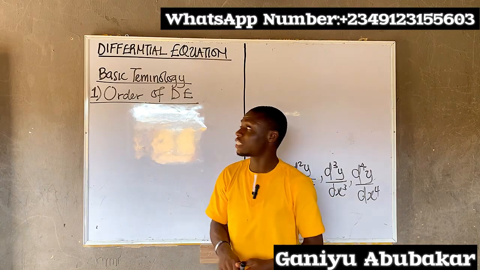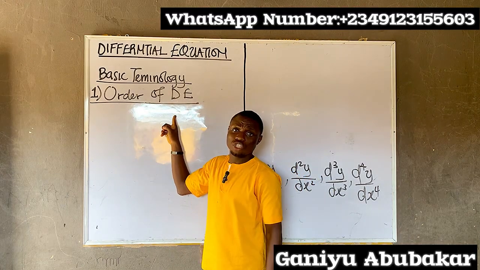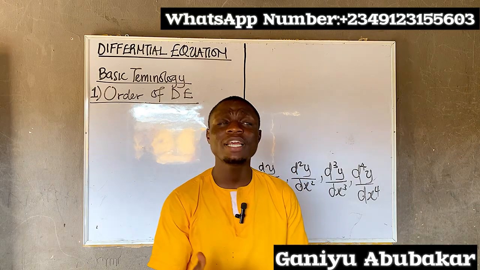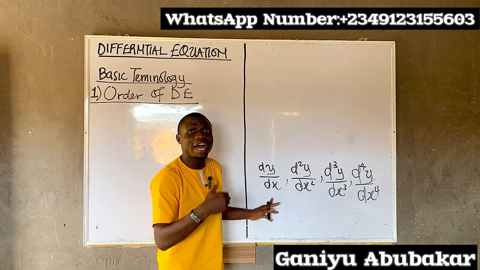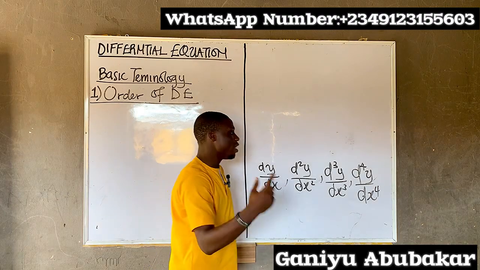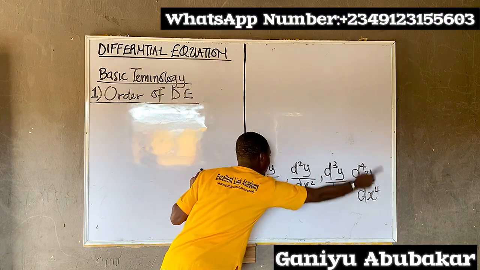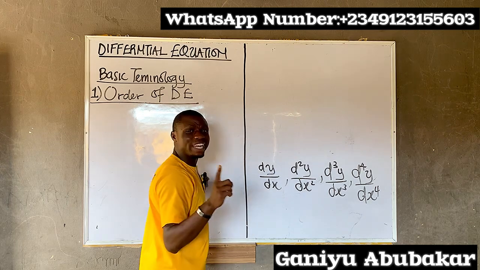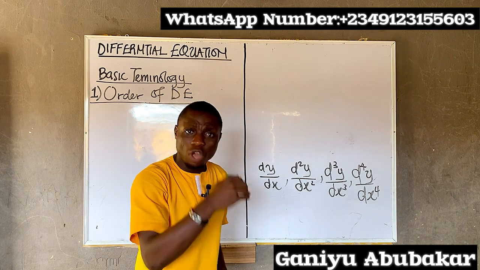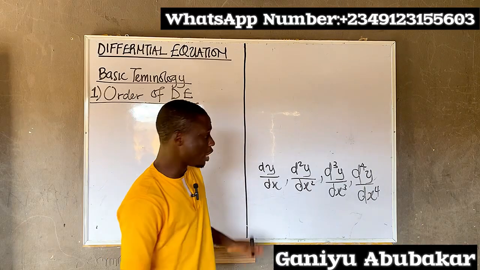Now I'm saying that the order of a differential equation is simply the differential coefficient which has the highest power. Let's assume now I'm asked to pick the order here. Order depends on differential coefficients, which are all these.